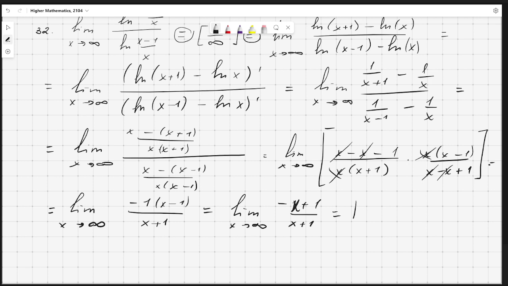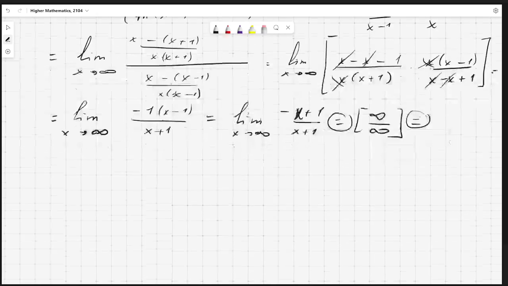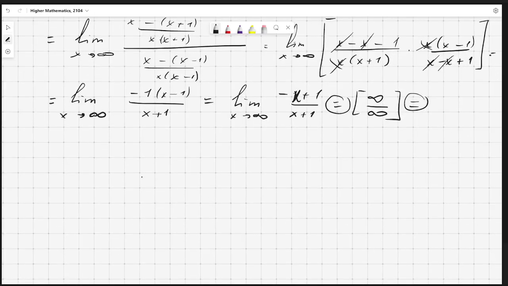We have infinity over infinity again, and we can use the L'Hopital rule again.